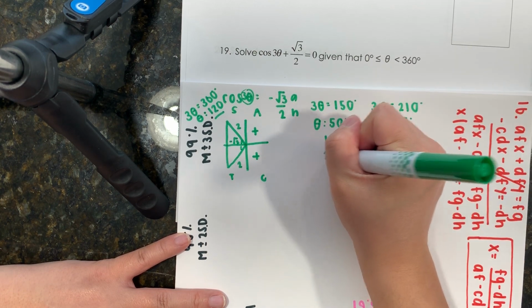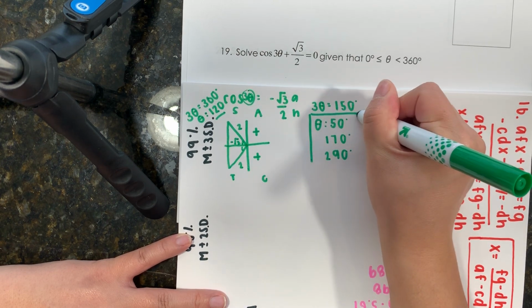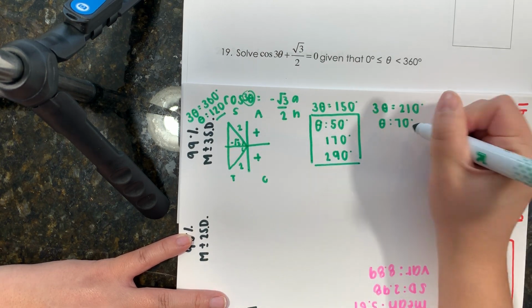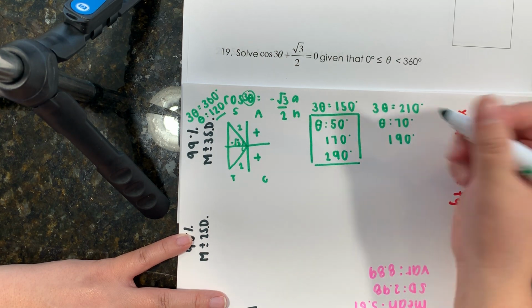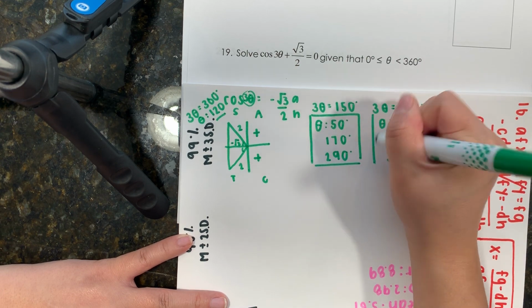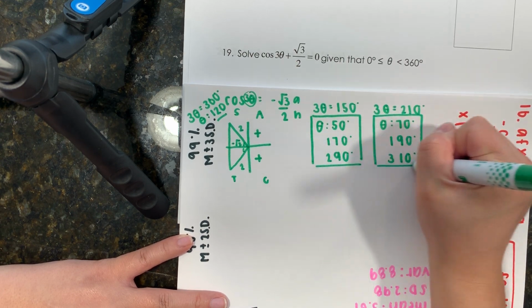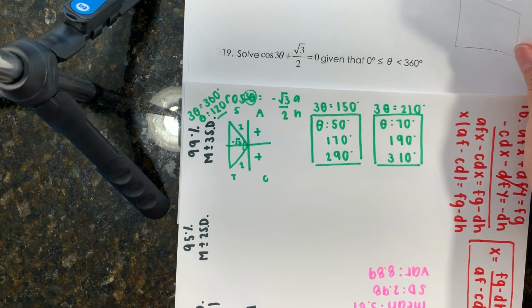Add 120 to that, which would give me 290. So those would be my first 3 answers. Second 3 answers, 70 plus 120 would be 190, and 190 plus 120 would be 310. And those would be my other answers. So you should come up with 6 answers, 3 answers for each of the quadrants for number 19.